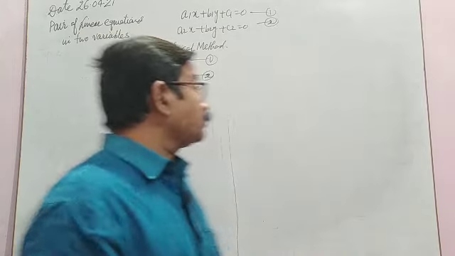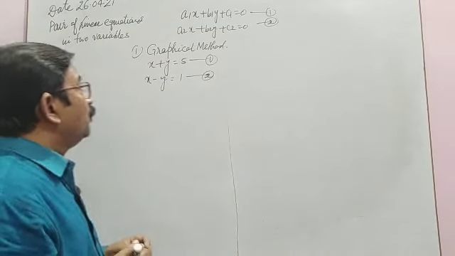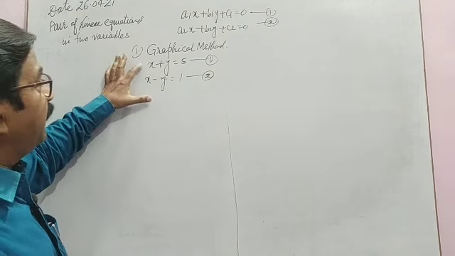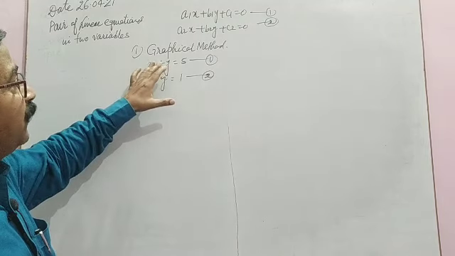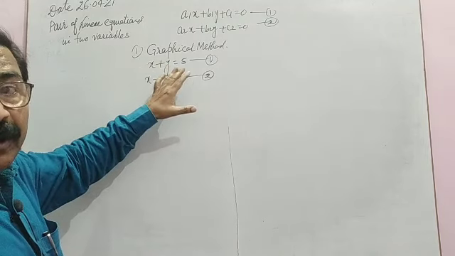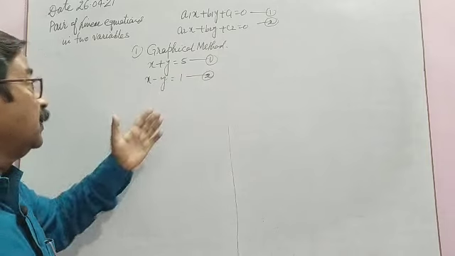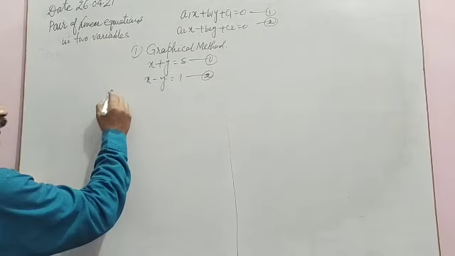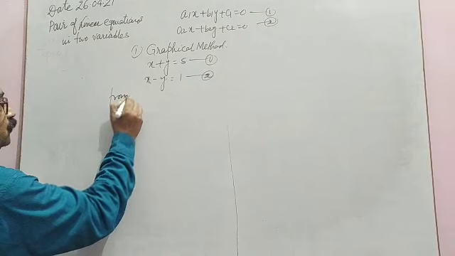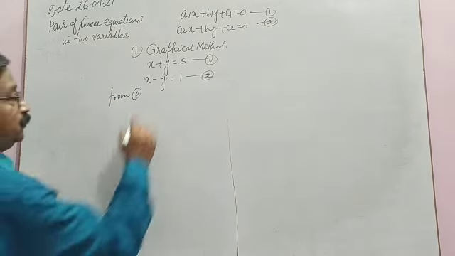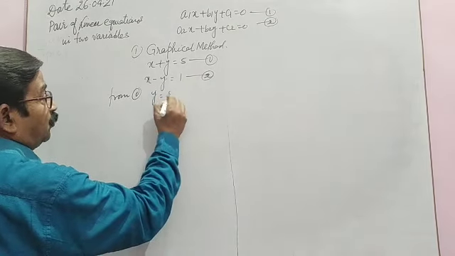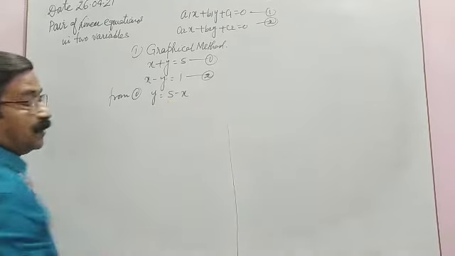So what to do? First of all, we find the value of one variable from one equation in terms of the other. Like from equation 1, y is equal to 5 minus x.